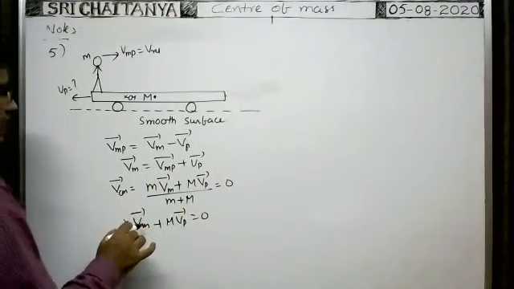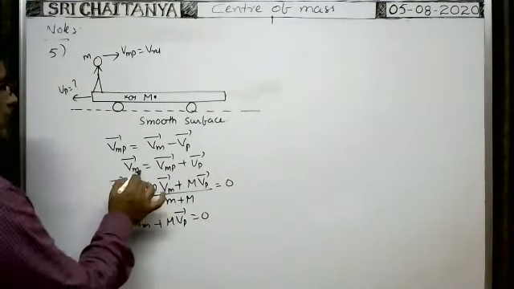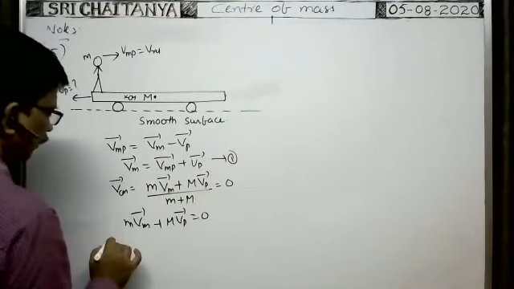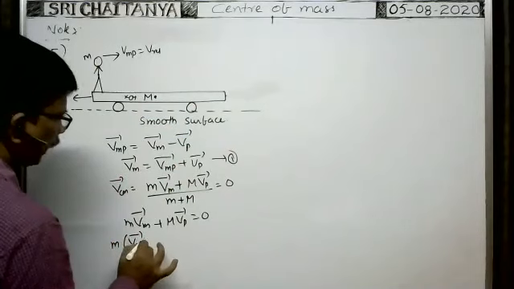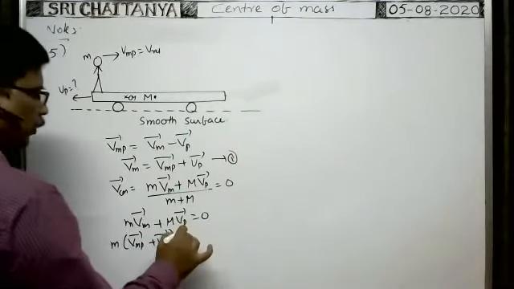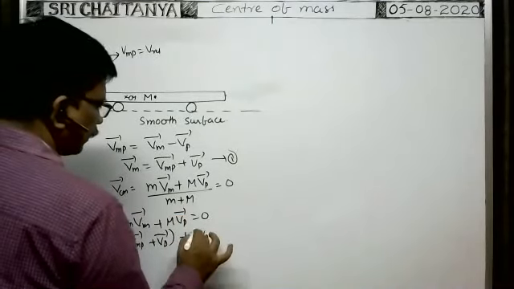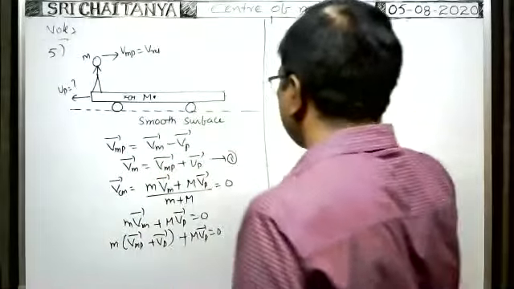Here what is the velocity of the man? From equation 1, velocity of the man means velocity of the man with respect to plank plus velocity of the plank. So m into (Vmp plus Vp) plus M into Vp bar is equal to 0. We need the velocity of the plank.